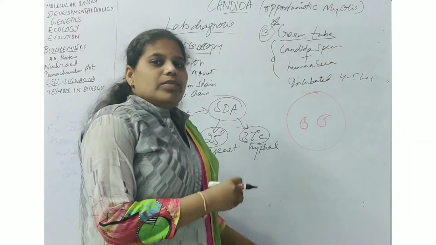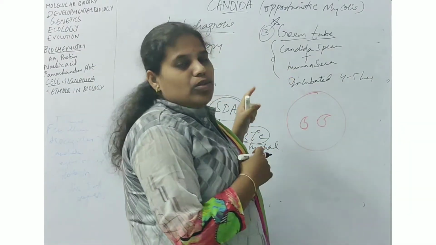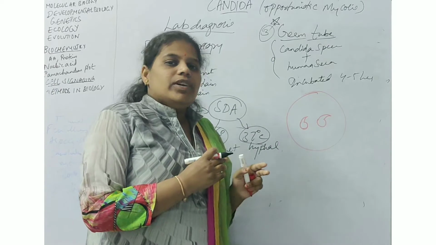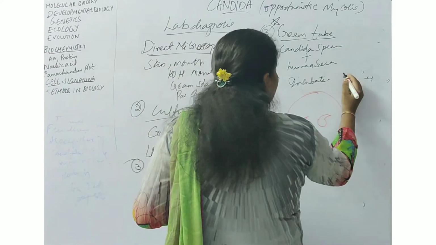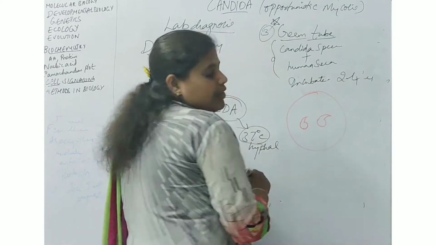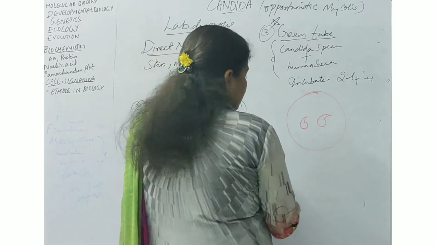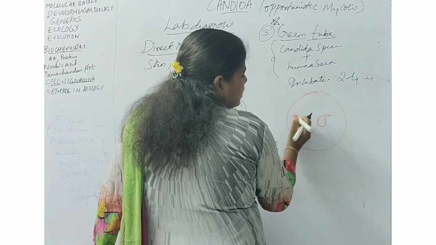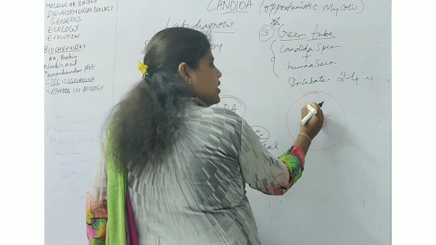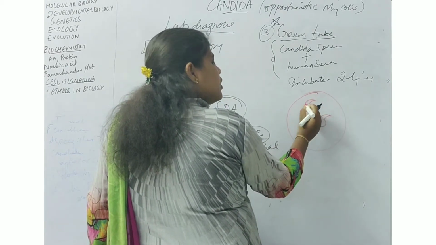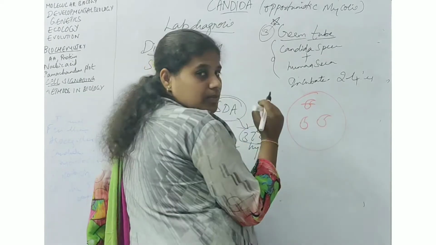In the germ tube test we take a Candida species and human serum. We incubate for 2 to 4 hours. Now we observe the yeast cells. The yeast cells start bending without any constriction. We cannot observe the constriction.